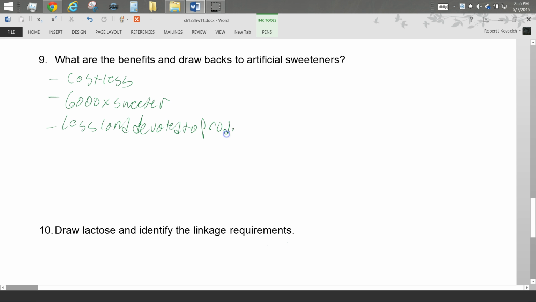There's a lot of recipes that you can't use that stuff in. Less land devoted to production, right? A lab takes up less land than a sugar cane field. Yes.